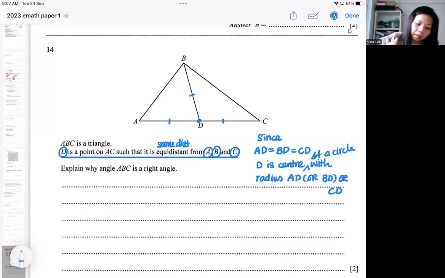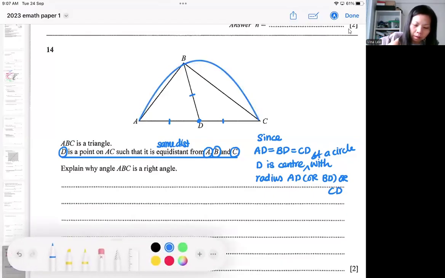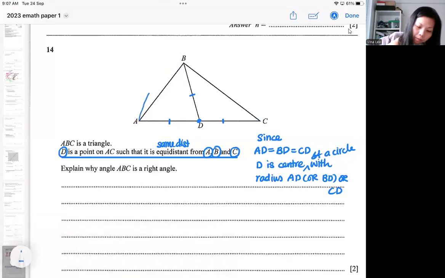And if this is the center, you can imagine, by this property, angle in a semicircle.